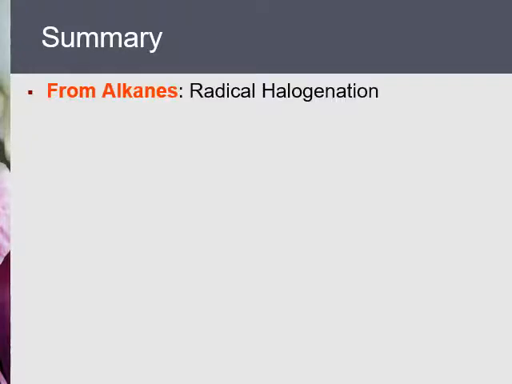In summary, alkyl halides can be prepared using several methods. In method 1, it is formed from alkanes. The reaction involves radical halogenation. The reaction mechanism has 3 steps. The reaction is difficult to control and usually involves a mixture of products.